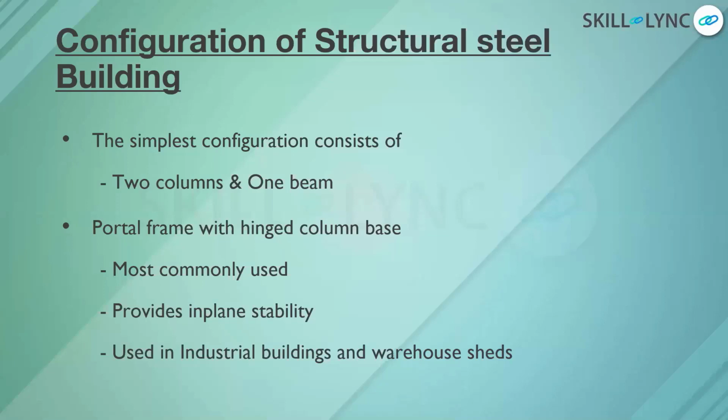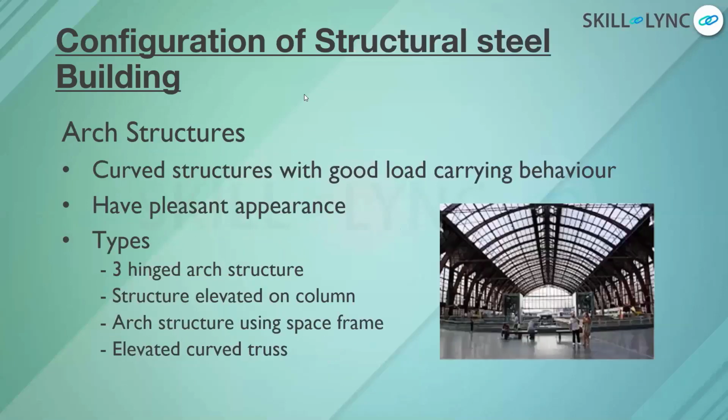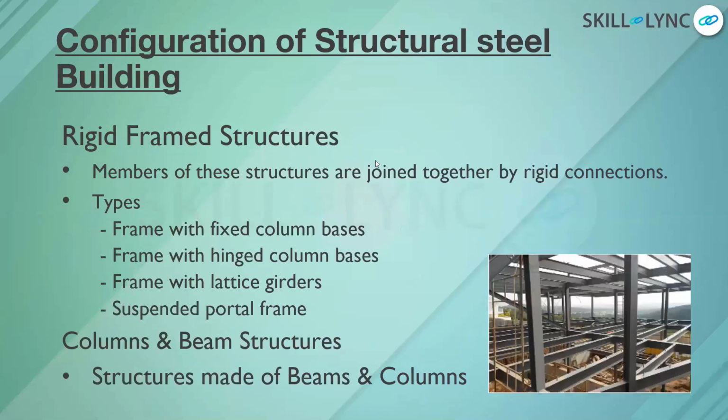Okay, next is rigid frame. If you take rigid frame structures, this is a type of frame where the beam to column connections are classified as rigid. So the beam to column connections will be rigid here.